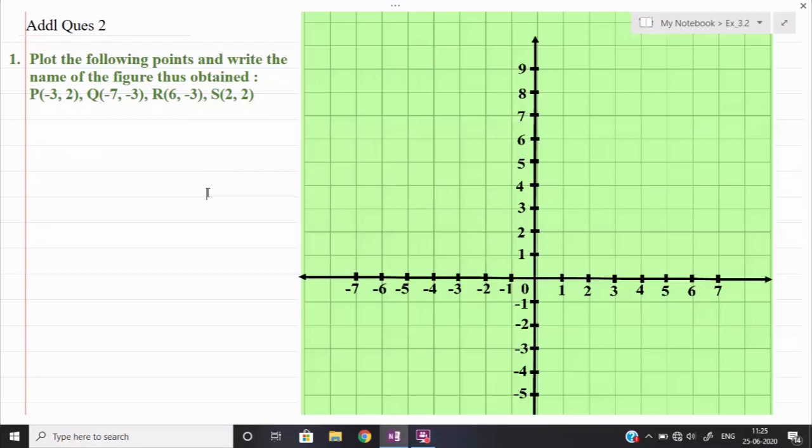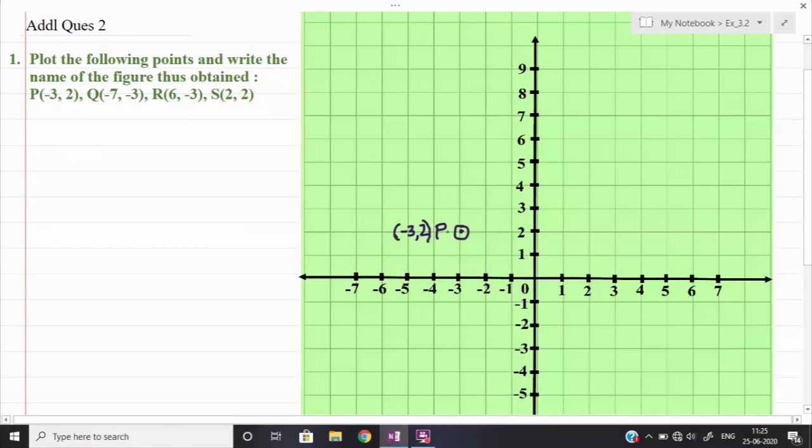Let us see the first point, P (-3, 2). So x equals -3. I am reaching at -3, and from -3 I am going to 2. So I think this is my first point, (-3, 2). I will mark this point as P, and if possible we shall write down the coordinate (-3, 2).